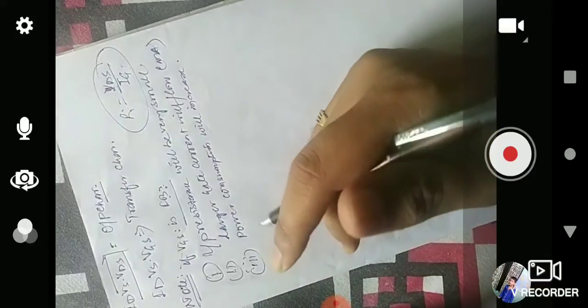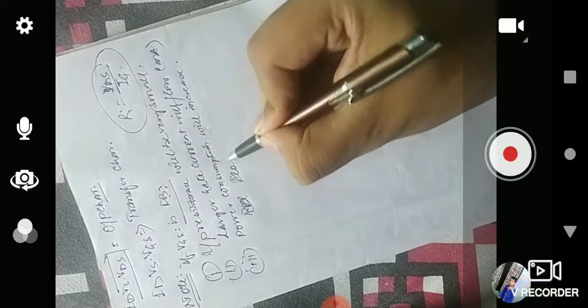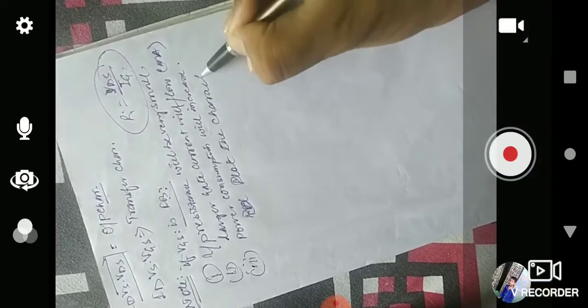So further, if we want to plot the above mentioned characteristics, that is output and transfer, there are two conditions, two steps.